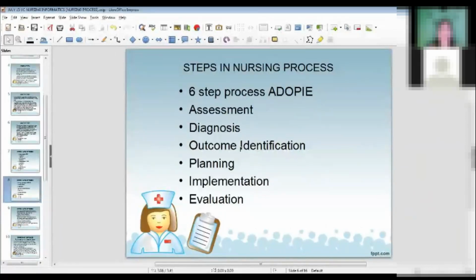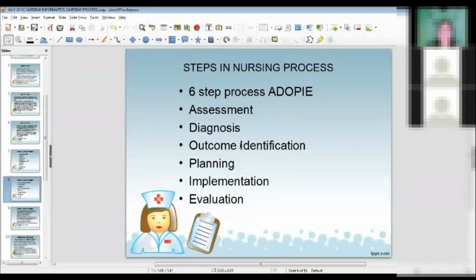Okay. And then we now have the outcome identification. So aside from a goal for our patient, we also have this outcome identification, and this is also one of the standard nursing terminologies. So we have NANDA, with suggestions on what diagnosis we are going to use. There are also suggestions on what outcome we want our patient to have.